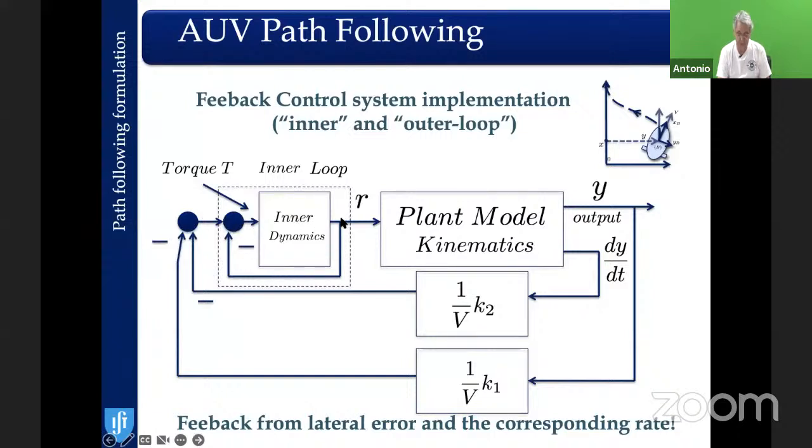You actually measure the actual R, compare with the desired R, and you have to design a controller that will impart a torque based on the deflection of the rudder that will generate that R. So that's the complete system for path following. And of course, it's the simplest one I can come up with, okay? And this gives you an idea of how we use linearizations in control systems design.